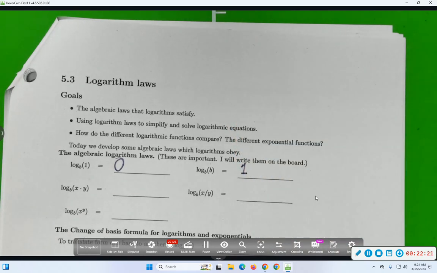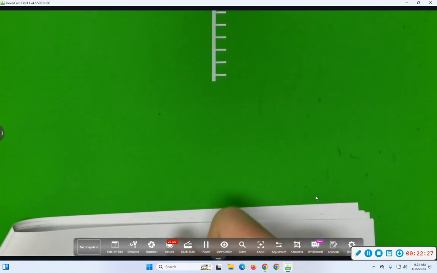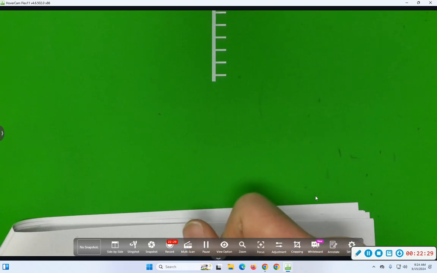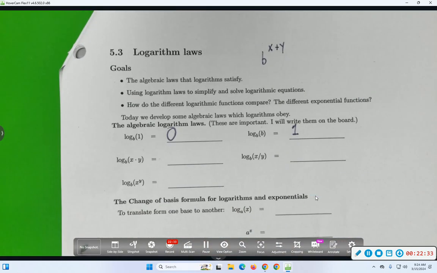And in order to motivate these next couple, let's remember some facts about exponentials. So how could you rewrite an exponential raised to the power x plus y? What's an exponential law that's relevant there?